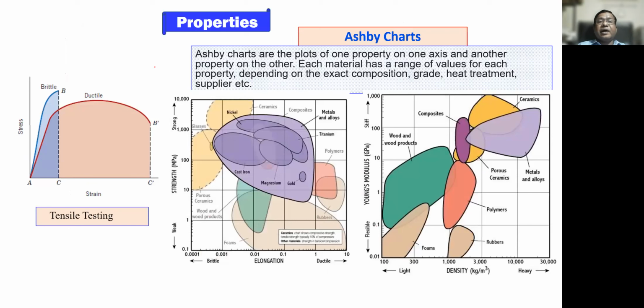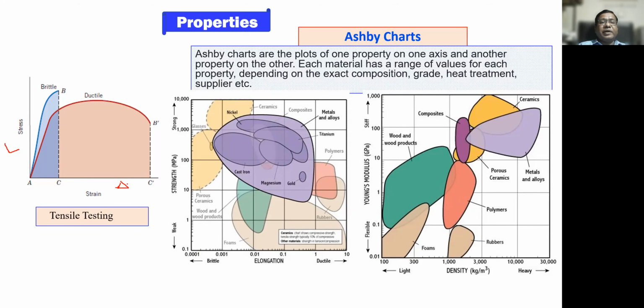The properties are tested by many mechanical testing methods like hardness test, tensile test, compression test, flexural strength, fatigue test and all. So we can see the tensile test will give a graph of load versus elongation.